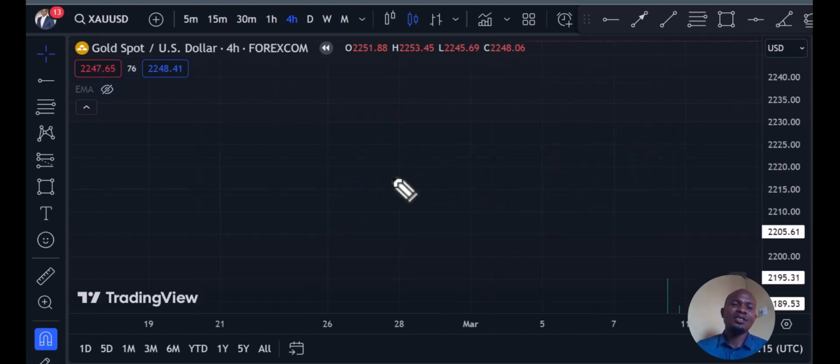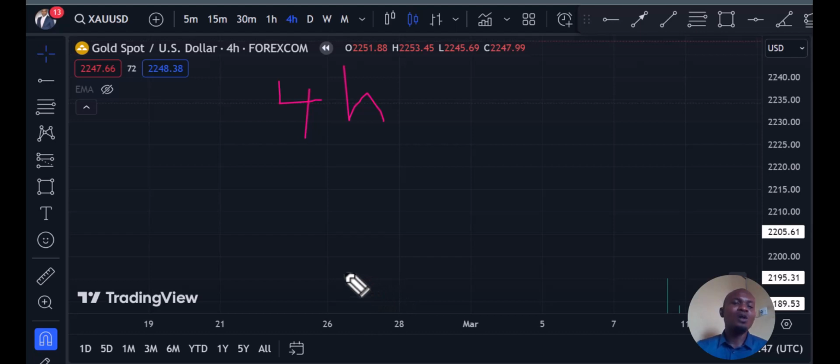So the concept is simple. You choose the time frame that you want to work with, and you go to the higher time frame. Like if we're using the day trader strategy, we're going to go to the 4-hour chart. We mark the support and resistance, and then we go to the lower time frame to see the reaction at that support and resistance, and from there we take action.